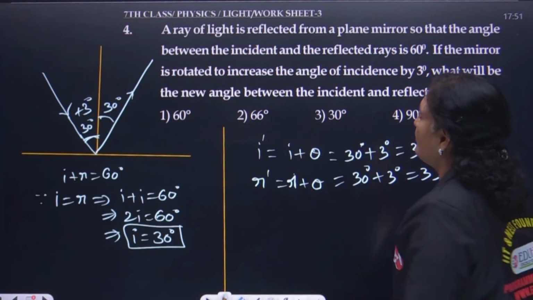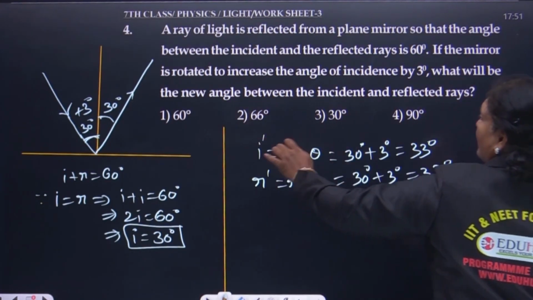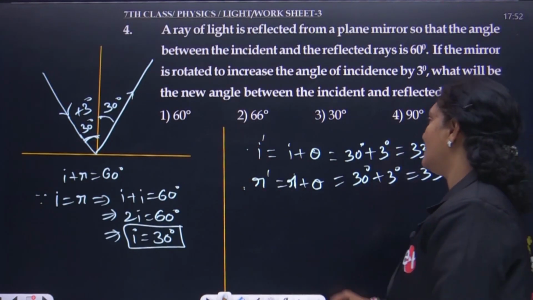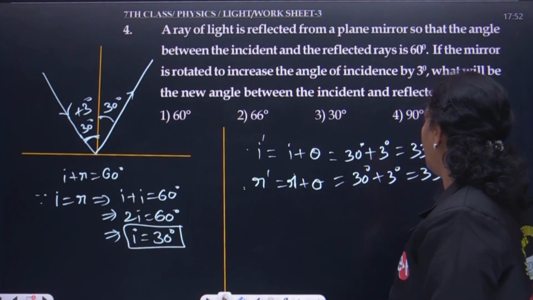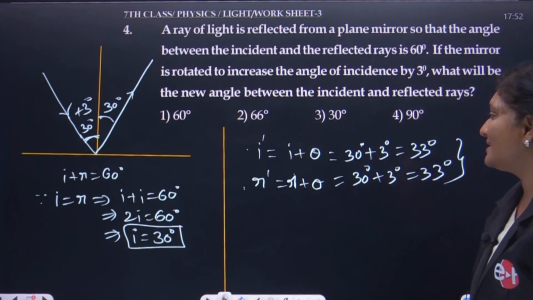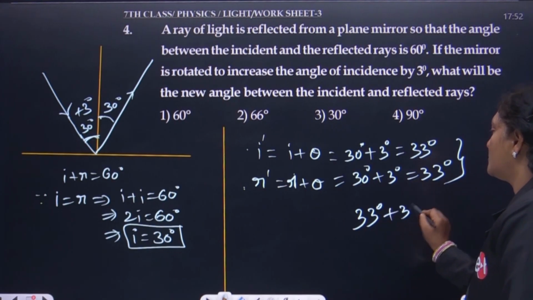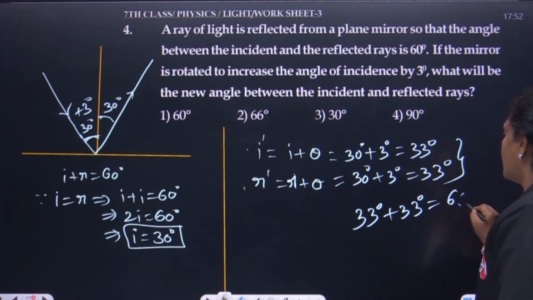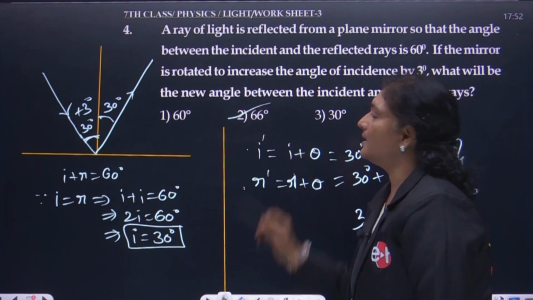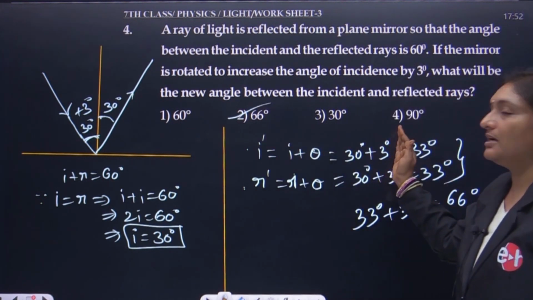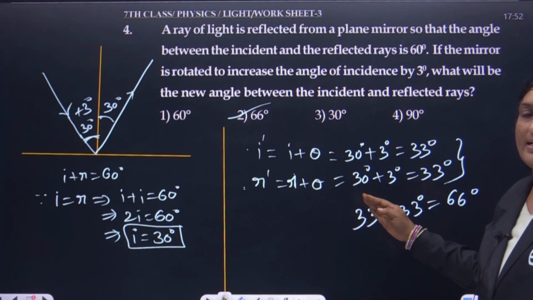Now you are asked to find the new angle between the incident ray and reflected ray. So what is the new angle? The total angle between the incident ray and reflected ray is 33 degrees plus 33 degrees, which is equal to 66 degrees. So this is also deviated by theta, and this is also deviated by theta.